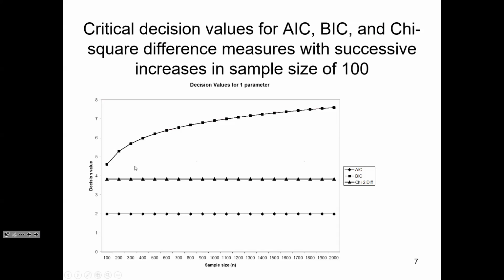The AIC penalty, no matter what the sample size, is 2. The BIC penalty, no matter what the sample size, is 3.84. That's why those are straight lines. And then the BIC penalty, with 100 people, is just over 4.5.